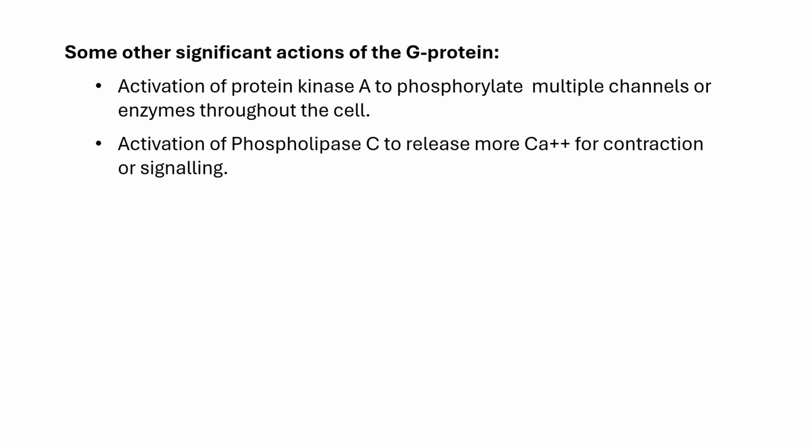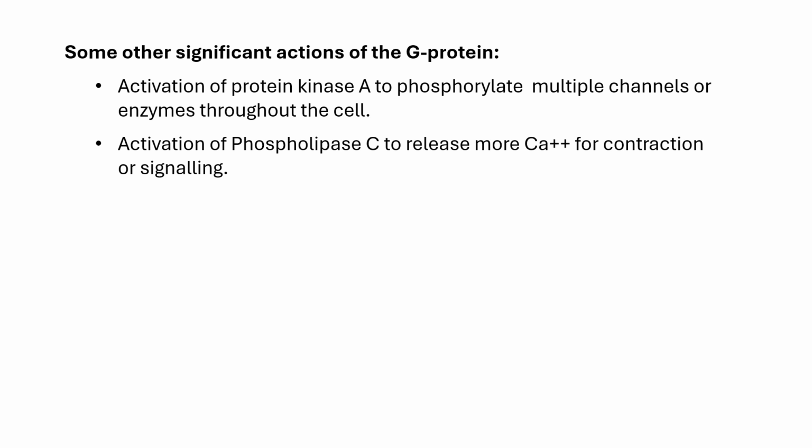G proteins can also activate another enzyme called phospholipase C. This is membrane bound. It uses phospholipids to make two things. So it makes diacylglycerol, which then goes on to activate something else that phosphorylates. But it also produces IP3. IP3 binds to receptors on the sarcoplasmic reticulum or endoplasmic reticulum, where there's a lovely store of calcium.